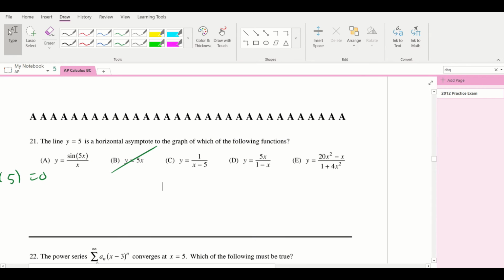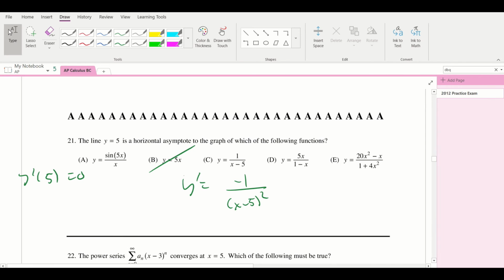My bad. I took the integral instead of the derivative. So y prime is equal to, right? This is still undefined, so C is out of the question.